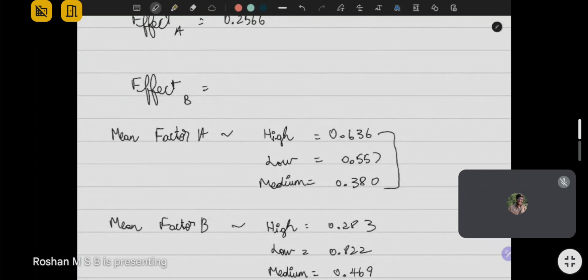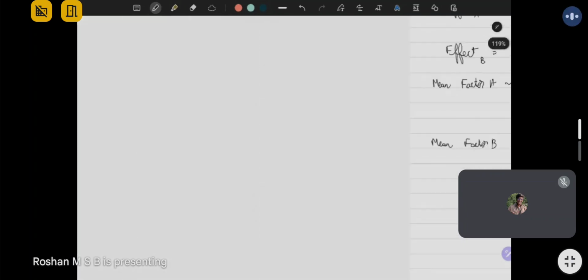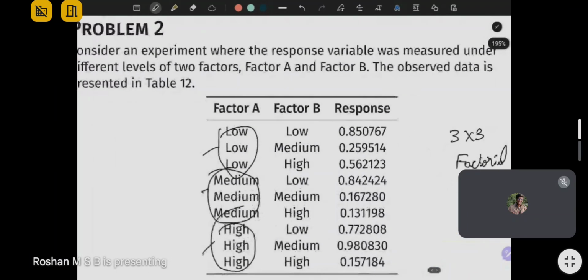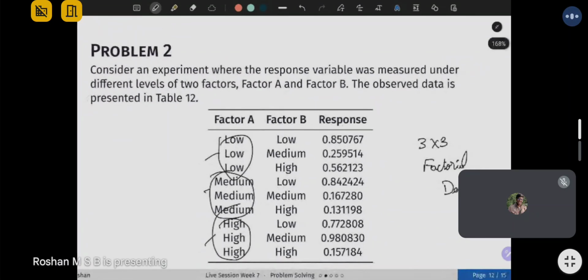I couldn't calculate because I couldn't see the data again. One second. Okay. Yeah, you could just calculate. Yeah, for high I got the correct answer, so that's fine.